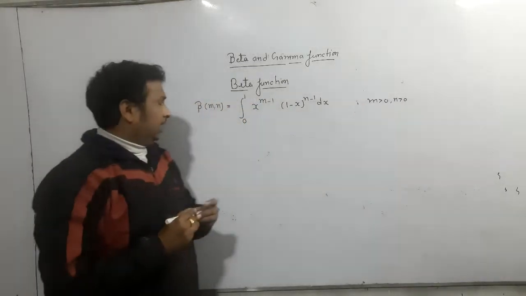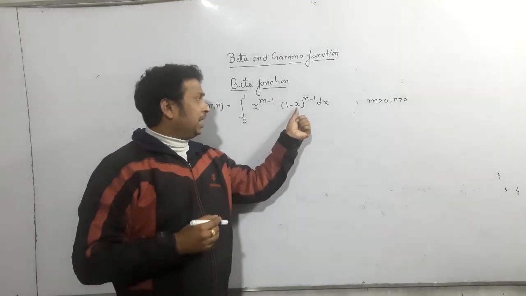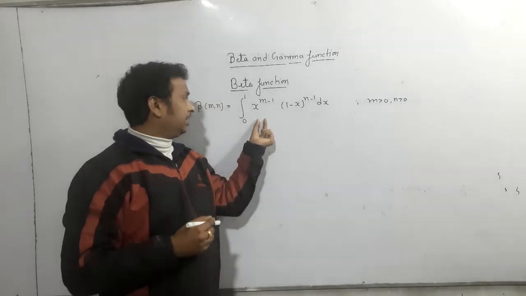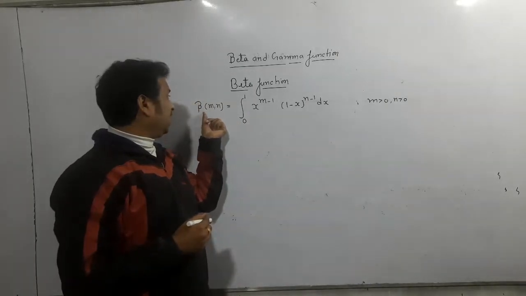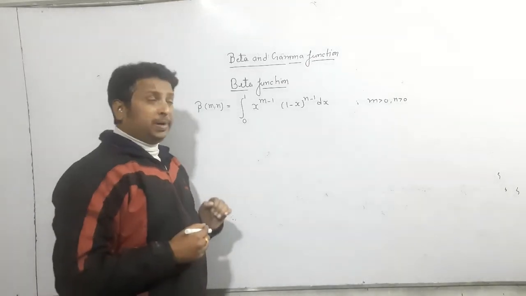So this integral is represented by beta m comma n. This is called beta function.